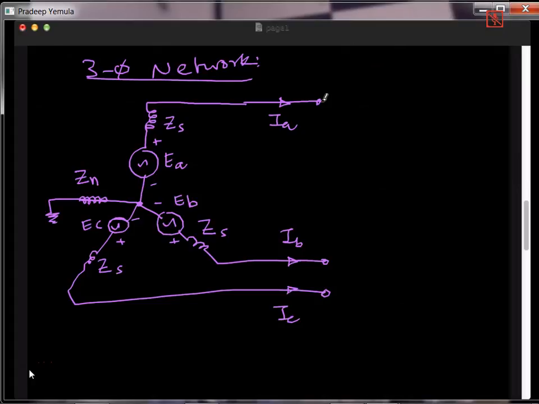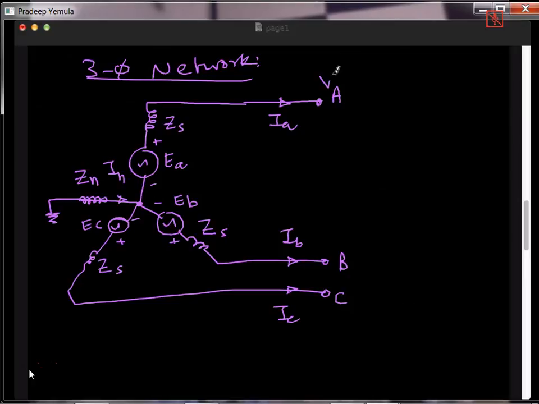And these points we are calling A, B and C. So this is a three-phase network of a generator. Let me also mark the neutral current. This one is IN, the neutral current.